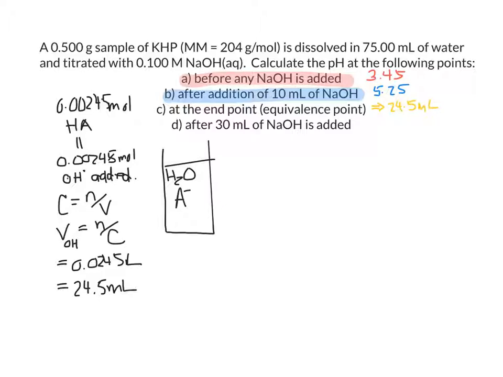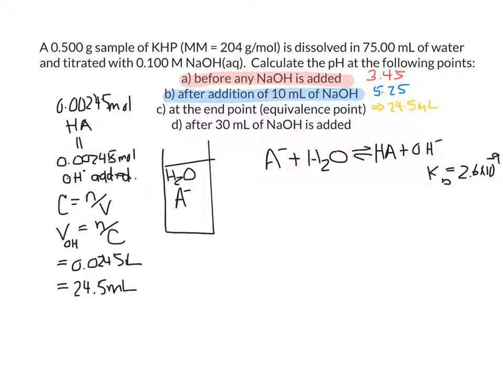The relevant equilibrium reaction that we need to write is conjugate base plus water in equilibrium with conjugate acid plus OH minus. We've already calculated a Kb for that, and the Kb value is 2.6 times 10 to the minus 9.